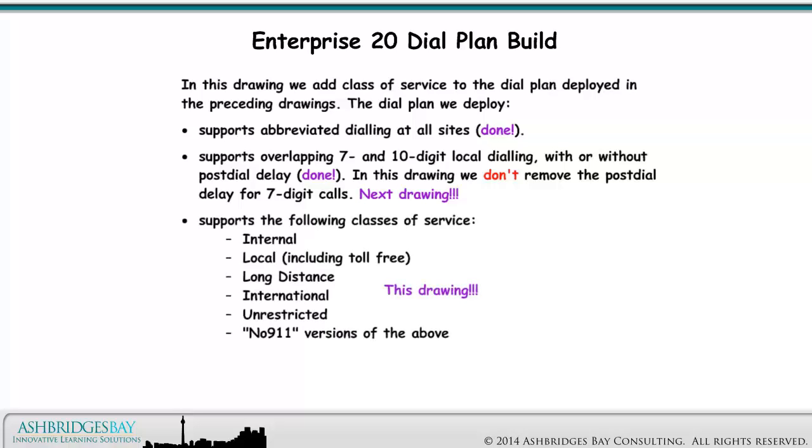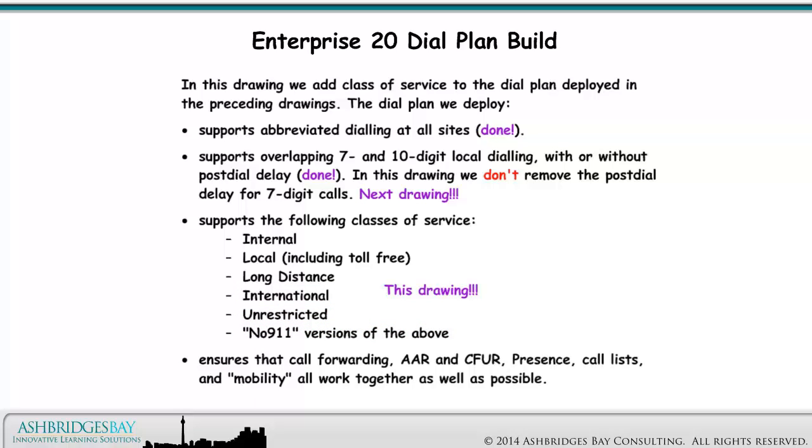Supports the following classes of service. This drawing: internal, local including toll-free, long distance, international, unrestricted, and no 911 versions of the above, and ensures that call forwarding, AAR and CFR, presence, call lists, and mobility all work together as well as possible.